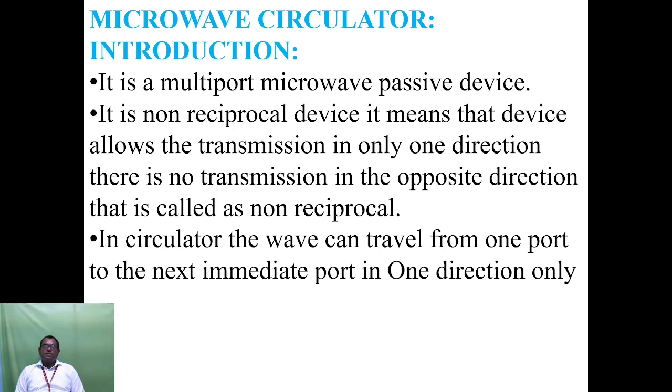If I give input to the second port, I will get the output at the next immediate port, port 3. Similarly, if I give input at port 3, the output is at port 4. If I give input at port 4, the output is at the next immediate port, port 1. So this is how we get output in only one direction in the circulator device.